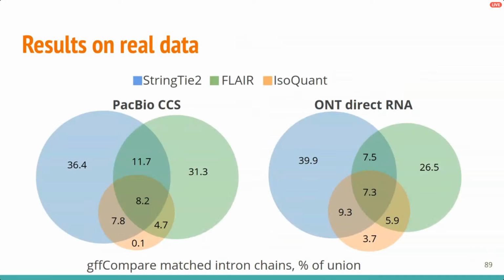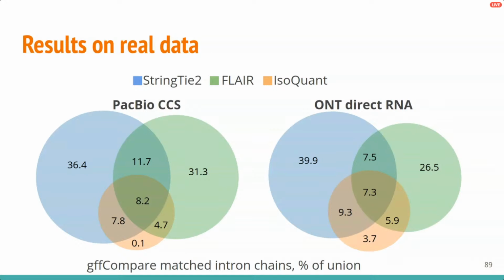And again, what we could do, of course, we couldn't calculate precision and recall here because we don't know what is contained in the original sample. So we compared how well the tools are consistent with each other, and it appears that on real data they are even less consistent. You have for PacBio data only 8% of all transcripts that are common for all three tools, and only 7.3% for nanopore data.